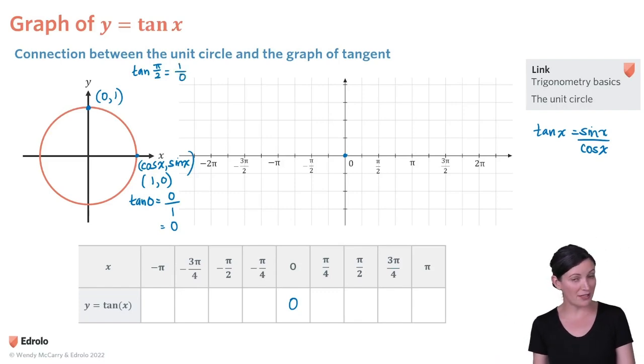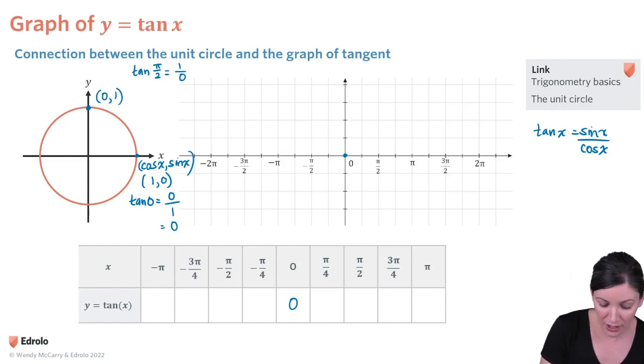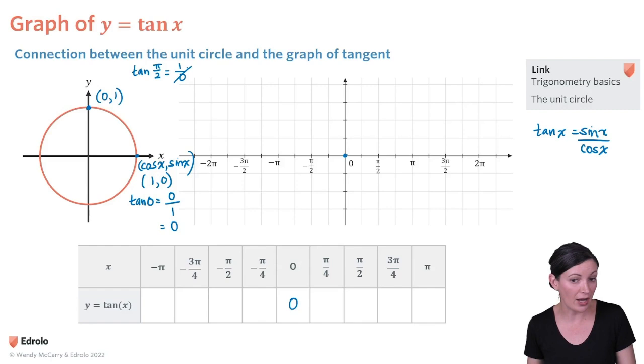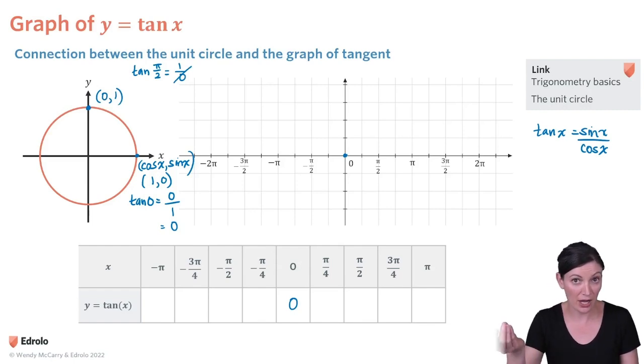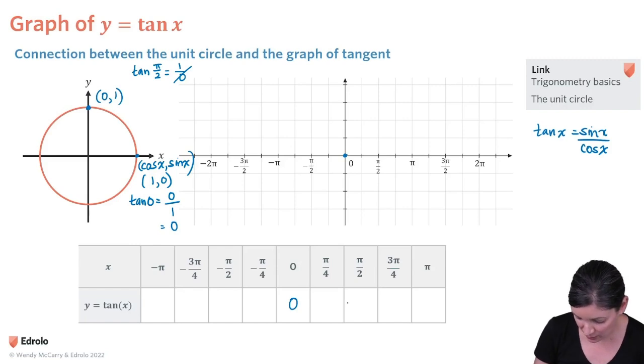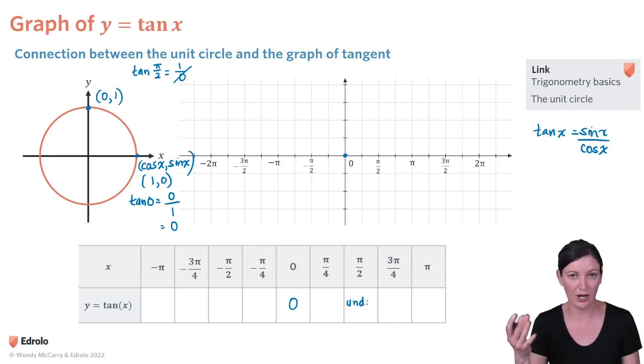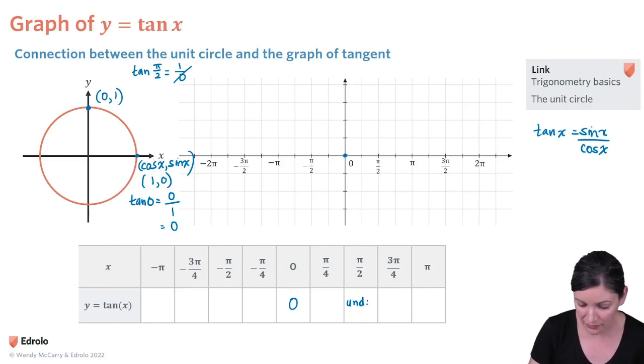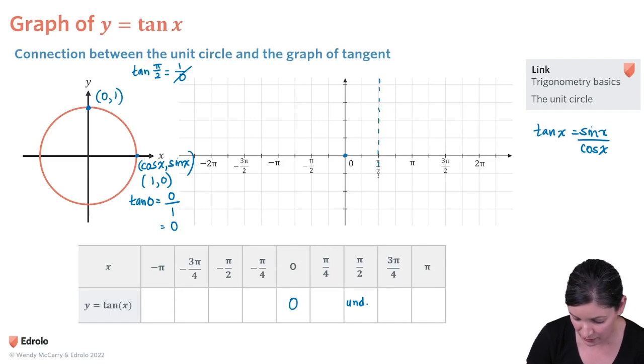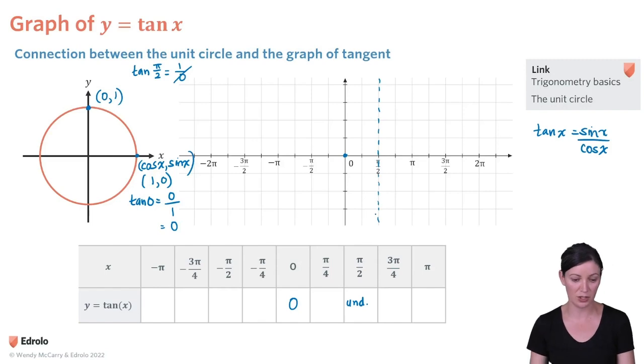And you should automatically say to yourself, dividing by 0, we can't do that, right? So actually what we get is that this value is undefined. There's no value for the tan of pi on 2. So I'm just going to write in U and D for undefined. And what that gives us is an asymptote on our graph. So I'll draw in a little dotted line here, and I've got an asymptote at pi on 2.